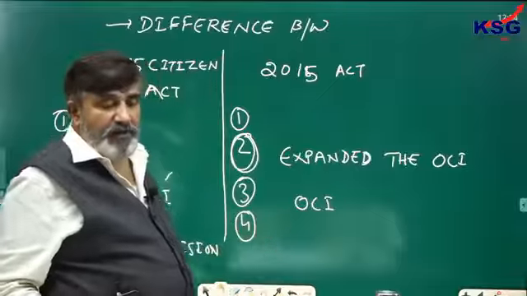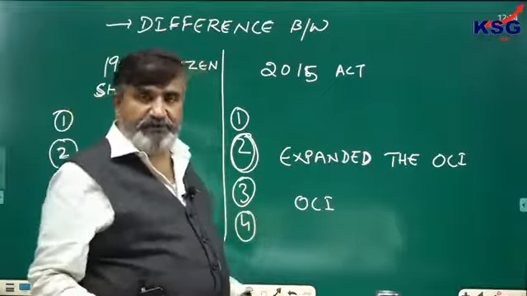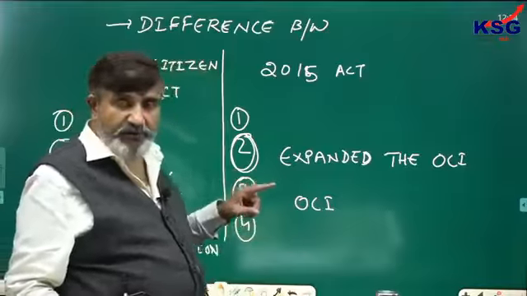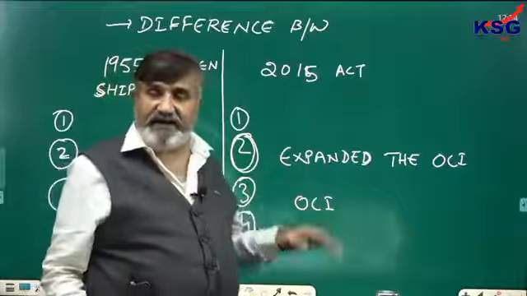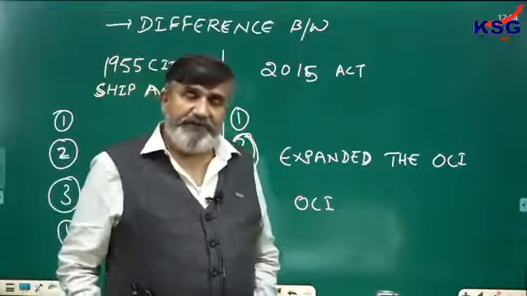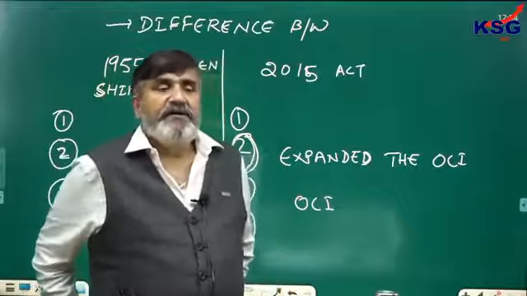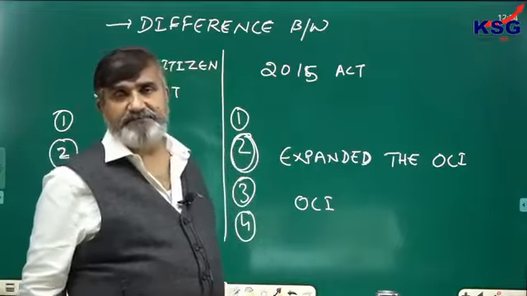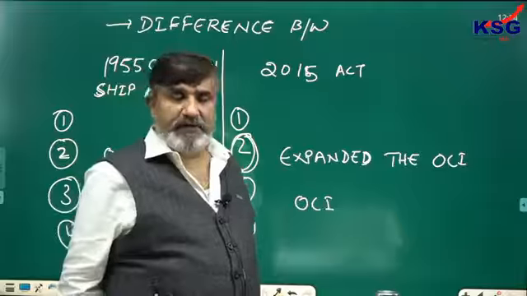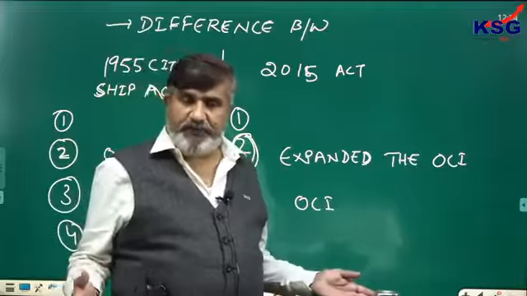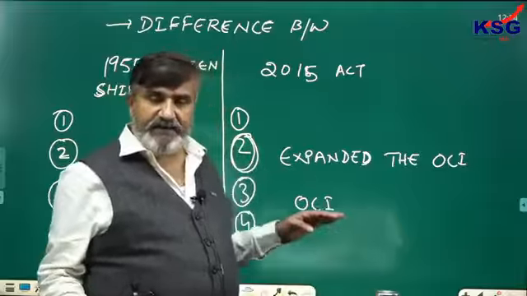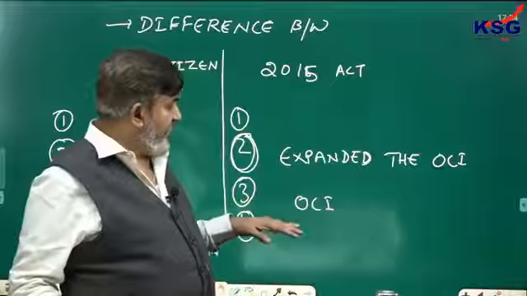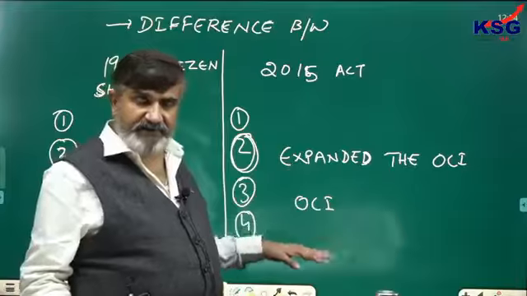Under two circumstances the spouse OCI card stands cancelled. First instance, if the court dissolves their marriage, that they are legally divorced or separated, then their OCI card stands cancelled.